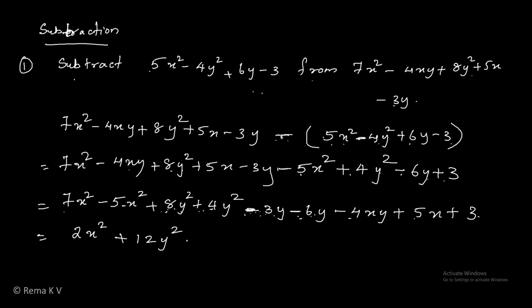Since both are negative, we put the negative symbol, so it is minus 9y. Then the remaining terms we cannot add or subtract as they are not like terms, so we write them as they are: minus 4xy plus 5x plus 3. This is the answer.